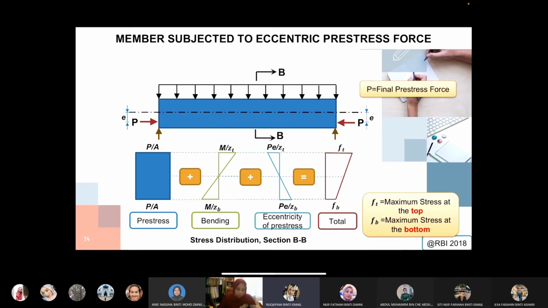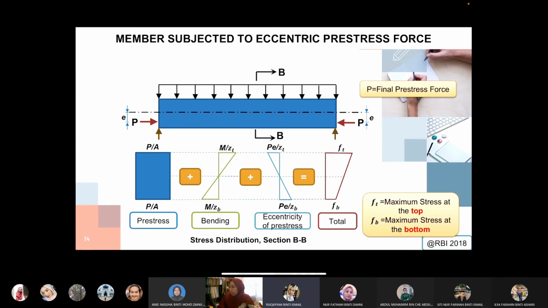So if you look at this equation and this equation, it is actually the same equation, both representing the bending stress. One bending stress is caused by the UDL, the load applied along the beam length, and the other is due to the moment caused by the position of the tendon, multiplied by the eccentricity. Both bending stresses are added up, and then you have the total stress for the top fiber and also the bottom fiber.